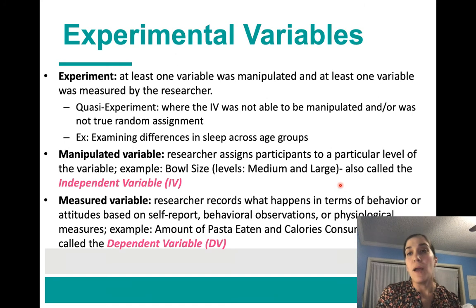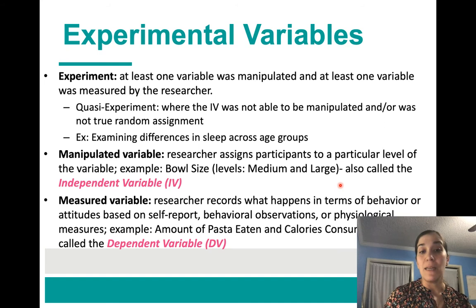Now, you may notice in some of our examples that will follow that we might sometimes have an independent variable, the thing that you typically separate people on into groups, that is not exactly manipulated. It's a measured variable that we decided to split people on. So for example, imagine I wanted to examine sleep hours by age groups.